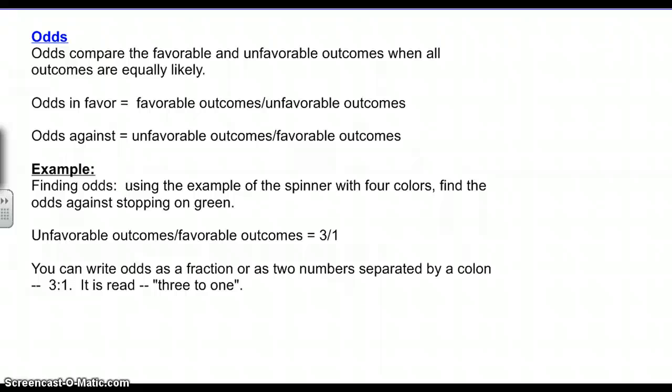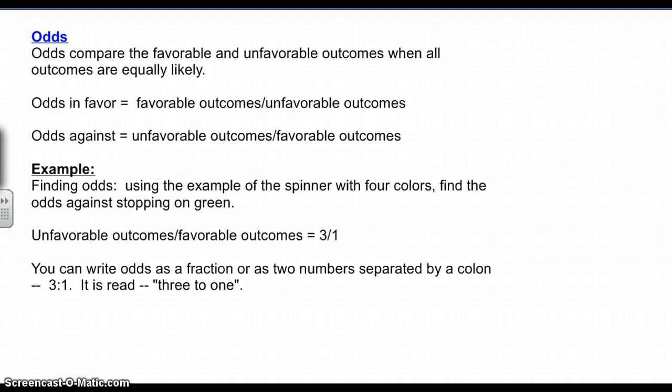So the odds in favor of something happening is favorable divided by unfavorable, and the odds against something happening is unfavorable divided by favorable. Usually we use odds in favor of something happening, although if you're betting on a horse race, those odds are always the odds against something happening. The 7-1, the 5-3, those are the odds against. So kids get confused with that because it always looks backwards of what they expect it to be.